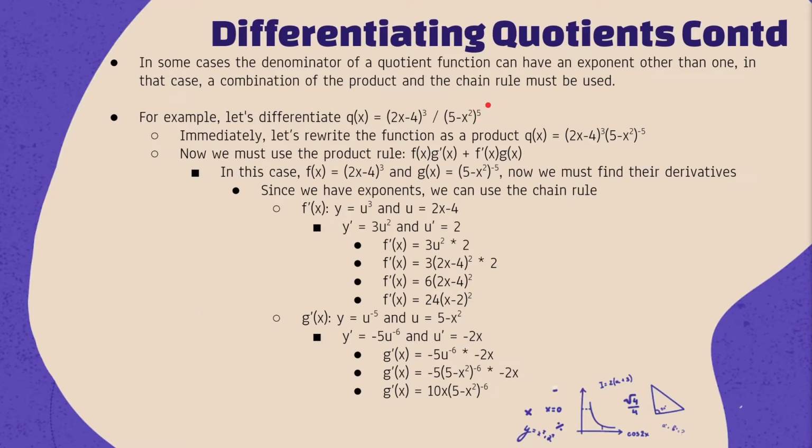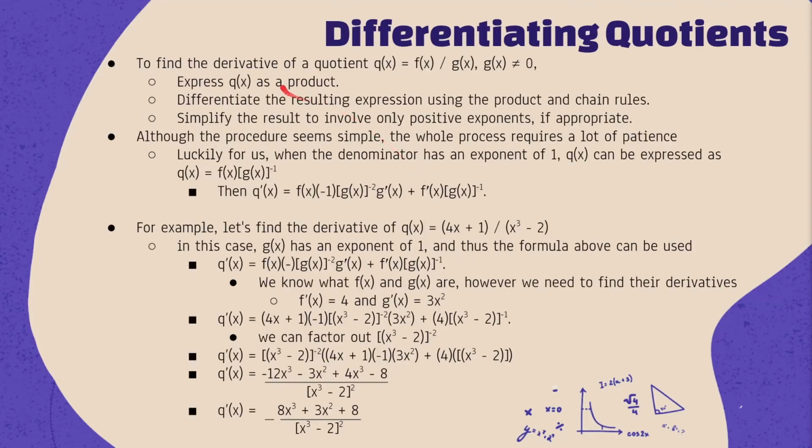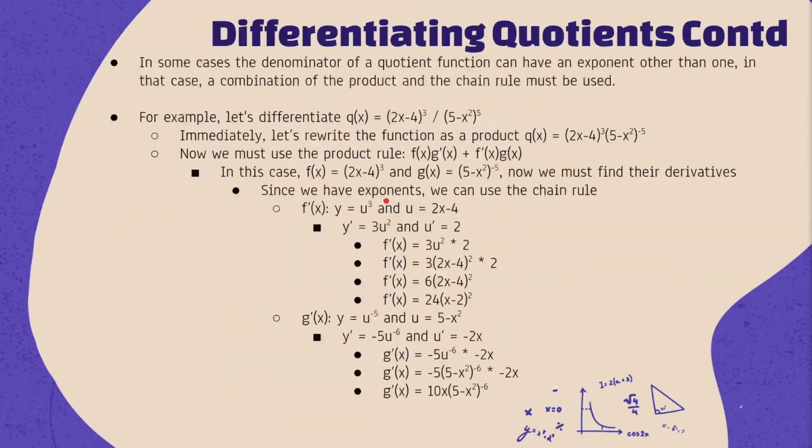So immediately following the steps we outlined before, we should express it as a product, right? So let's express it as a product. Well, there you go. So we move this to the numerator, and now it has a negative exponent, which is negative 5. As you can see here, we again have the product of 2 functions.